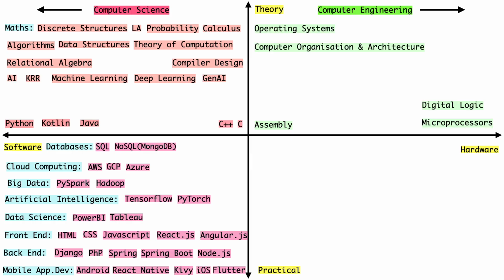Coming to the hardware oriented and theoretical courses, we study operating systems, computer organization and architecture, digital logic, microprocessor, and also assembly language programming, usually studied as part of the microprocessor course. In digital logic, we study various digital representation number systems like binary, octal, hexadecimal.